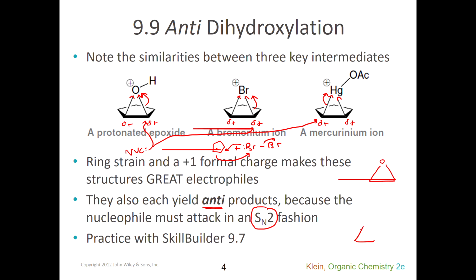So if we're dealing with a protonated epoxide, if one side is more substituted than the other side, the bond will already start to break a little bit to create a nice big partial positive on the more substituted side, because there's more hyperconjugation and induction by these methyl groups or other carbon groups to spread electron density out and stabilize that positive.